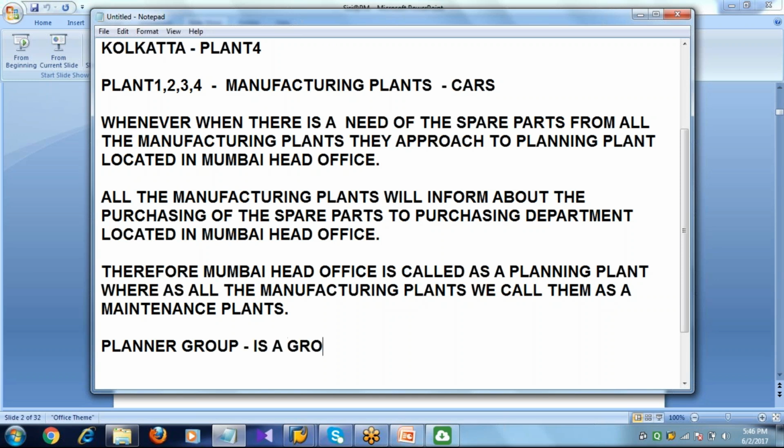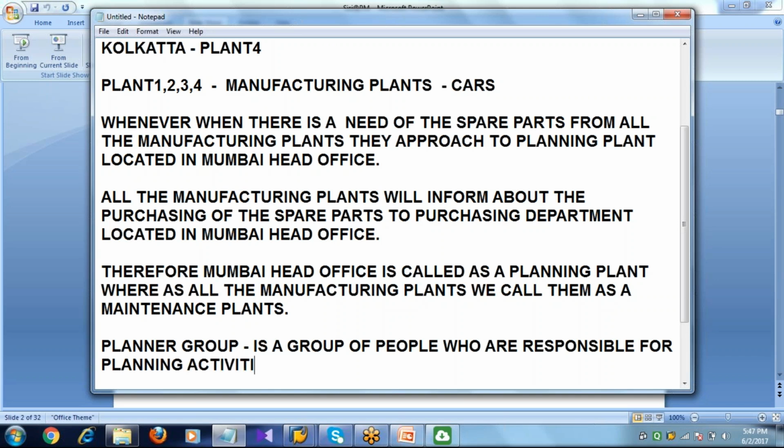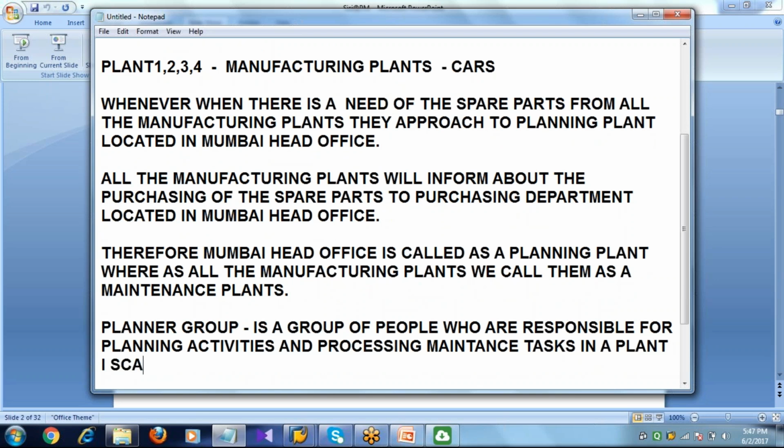It is a group of people who are responsible for planning activities and processing maintenance tasks. In a plant, we call it a planner group.